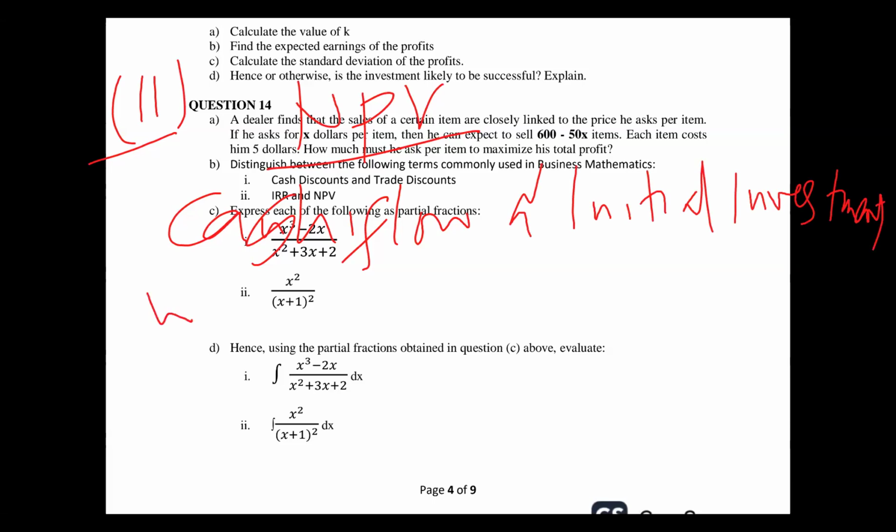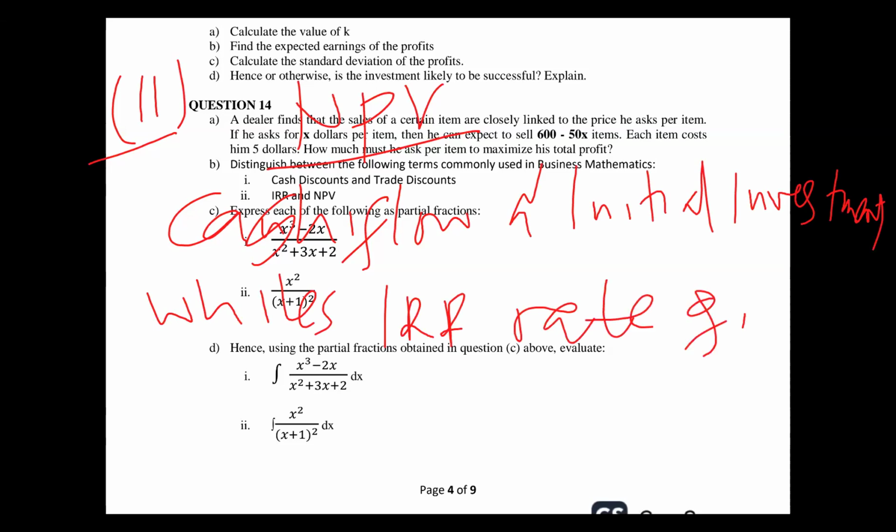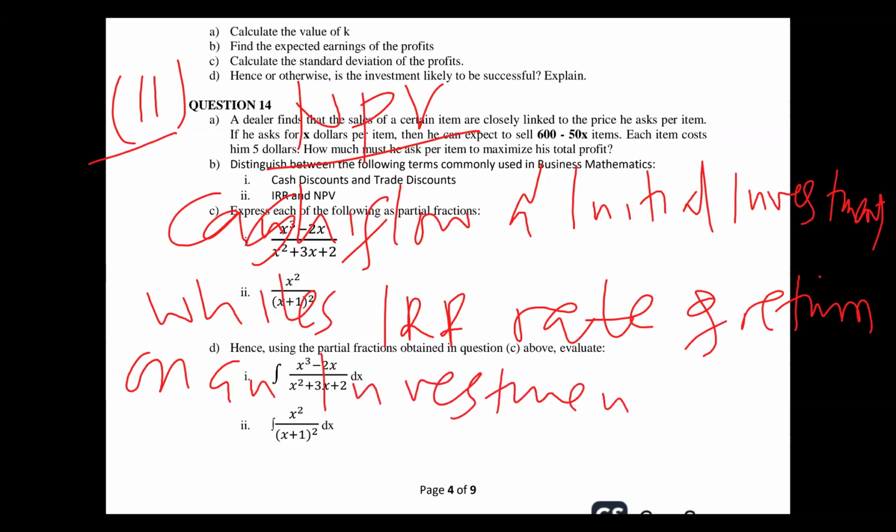Now, the internal rate of return, IRR, is the rate of return on an investment as compared to the cost of capital. Okay, this is the rate of return on an investment compared to the cost of capital, right?